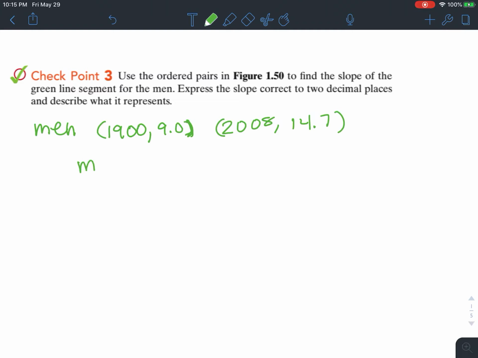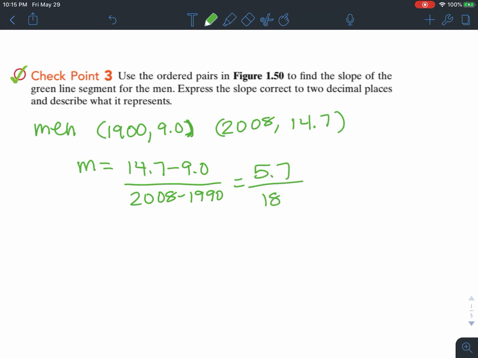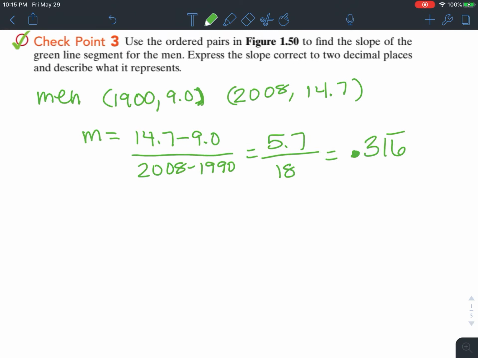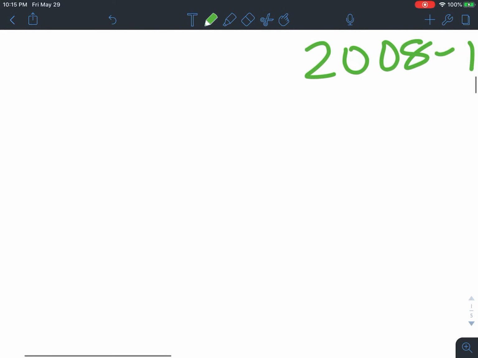So we're going to find the slope. So the slope is 14.7 minus 9.0 over 2008 minus 1990. So that's 5.7 over 18, which is 0.316 with the 6 repeating. So what does that mean? We're going to have to write a sentence about this.